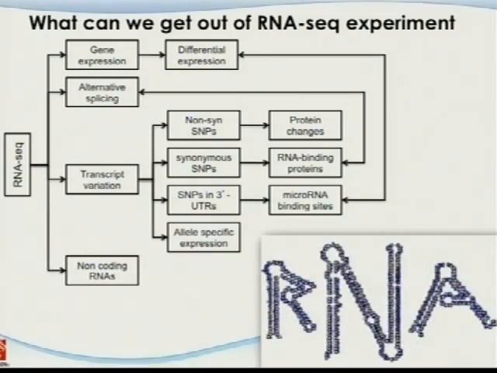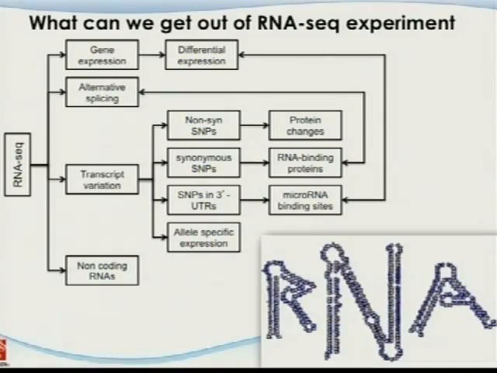And another level of information that we can get using RNA sequencing data is for non-coding RNA studies, right? And this is sometimes really hard to do using arrays, because every time you use arrays, you have to know where they are and where the gene is. So for most non-coding RNAs, we don't know anything about them.